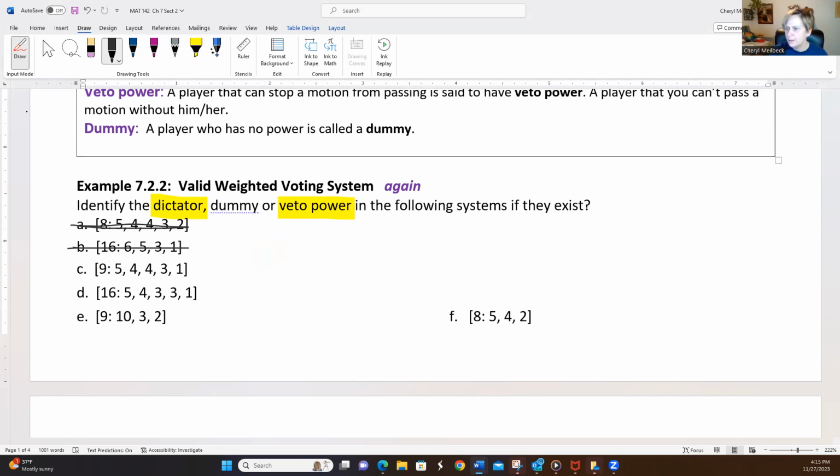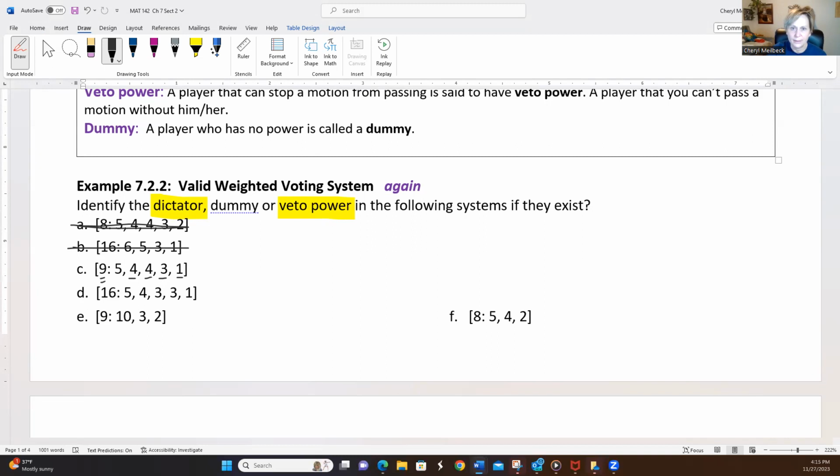I don't think anybody has veto power, because if I add 1, starting from the back, 1 plus 3 is 4, plus 4 is 8, plus 4 is 12. And since this motion can pass without player 5, because it only has to have a total of 9, this system does not have any player with veto power either.